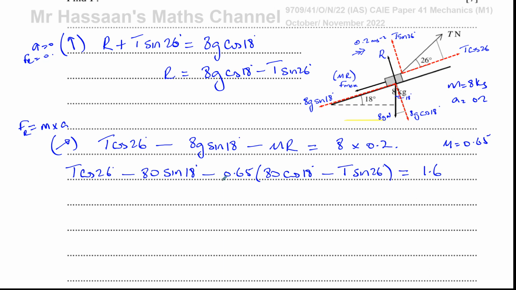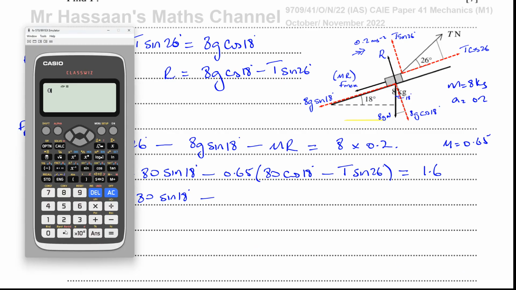So now we see there's only one unknown. So I'm going to now expand this bracket and simplify. I'll leave this as it is, as I said, t times cosine of 26 minus 80 times the sine of 18 minus, now I have 0.65 times 80, which gives you 52.